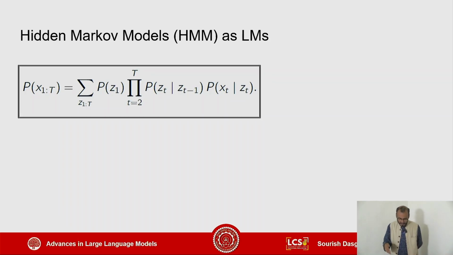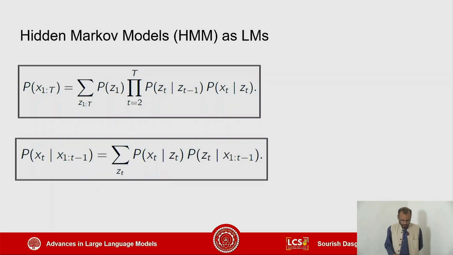Another, more advanced way of looking at it is that you model it as an HMM, but the HMM in this case is modeled more as a language model, and you have this latent variable called Z, which is basically the unobserved variable, that gives you an emission of what you can see, which is X. And from there, you can come up with this particular way of approximating language models.